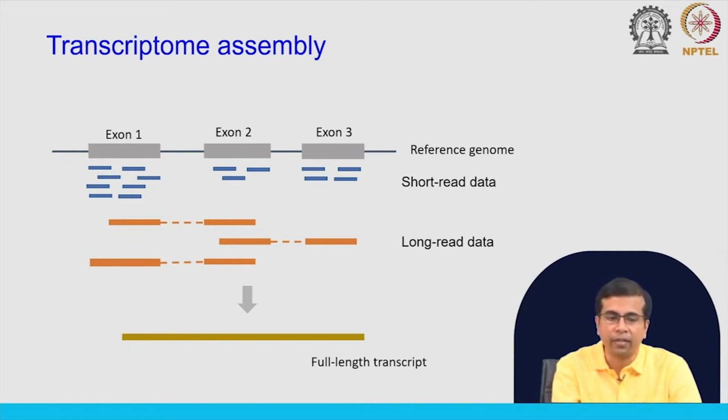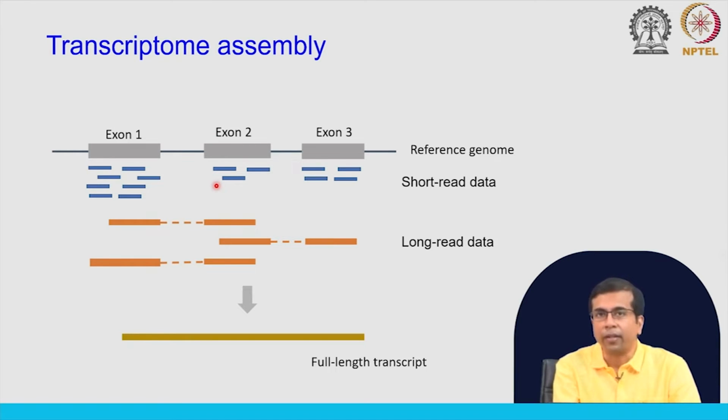This is summarizing what I just said. Imagine we have a gene with 3 exons, exon 1, exon 2 and exon 3, present in the reference genome, and we have short read data where reads map to these regions within exons. Some reads might also map across a junction, but that will be quite rare with short read data.